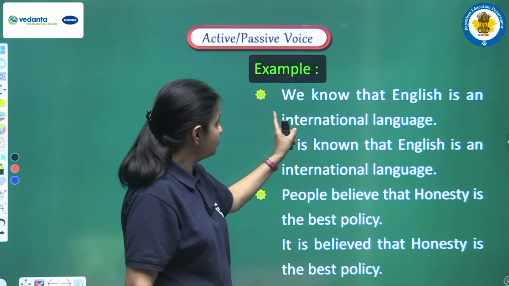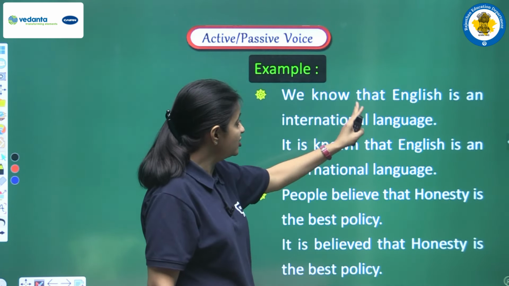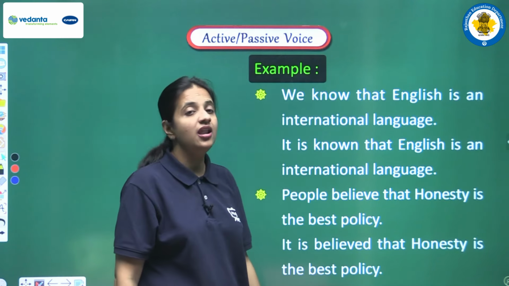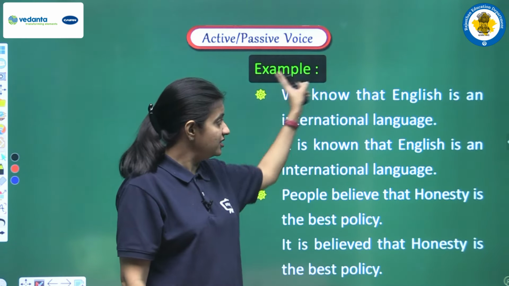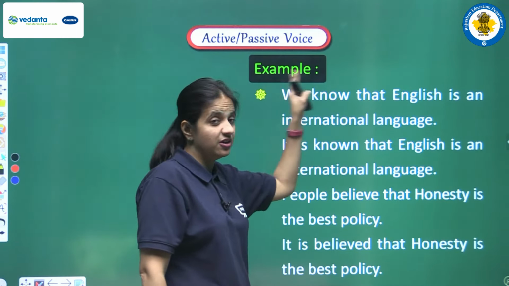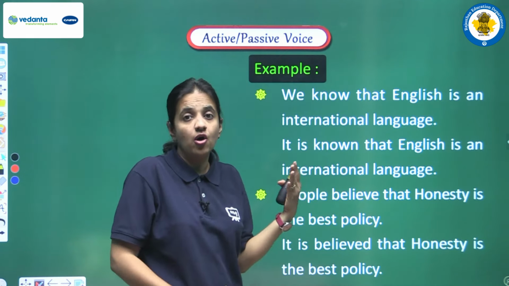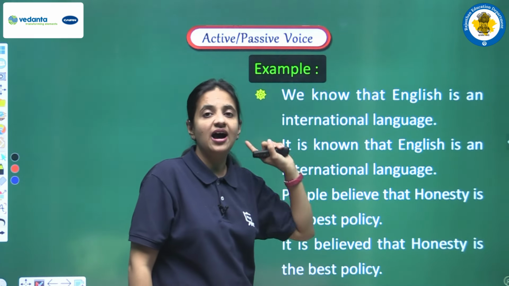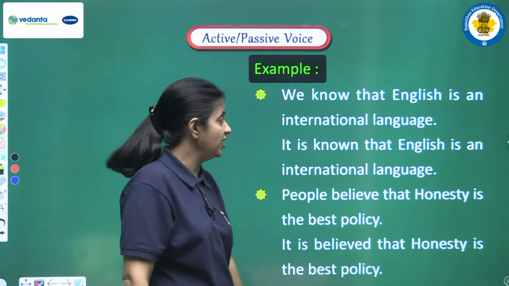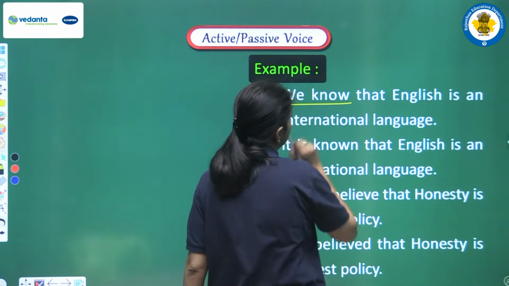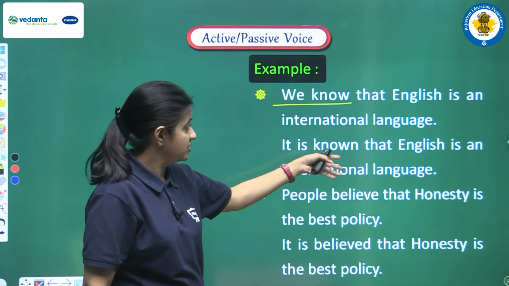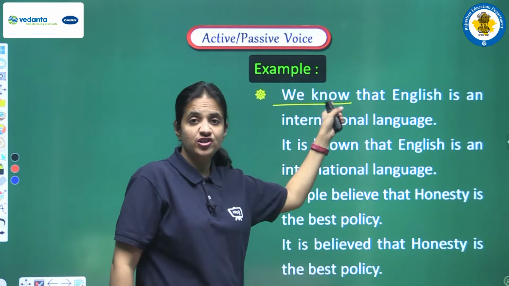Okay, first example is we know that English is an international language. So students, observe the sentence very carefully. After observing, it is very much clear that in this sentence we are having two clauses. First clause is we know, and the second clause is English is an international language.